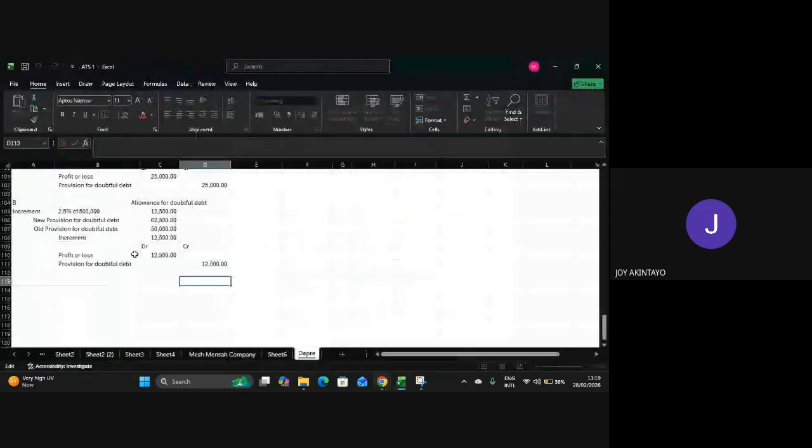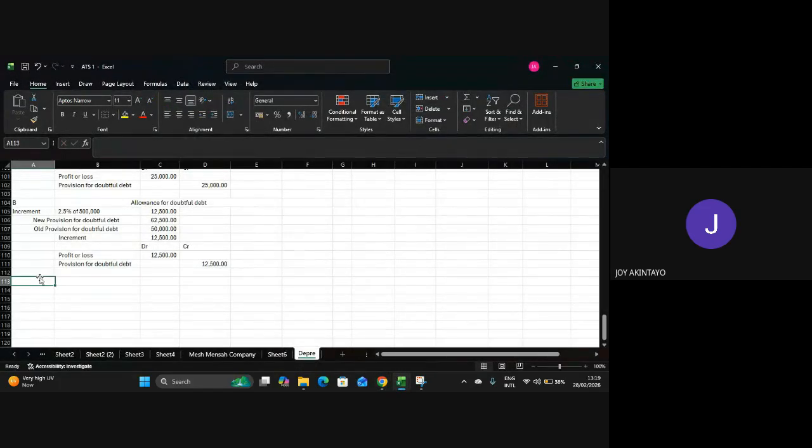So what we do is the new provision, as usual. What is our new provision? Our new provision is 62,000 cedis.